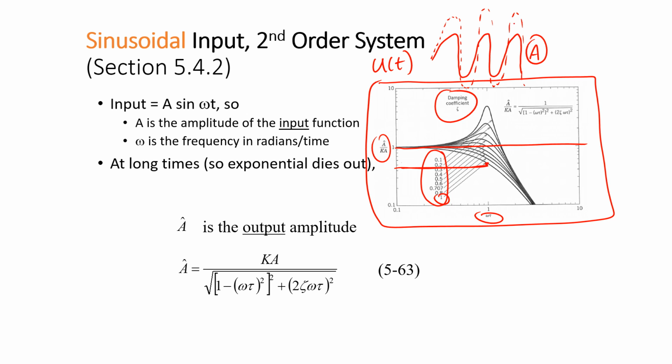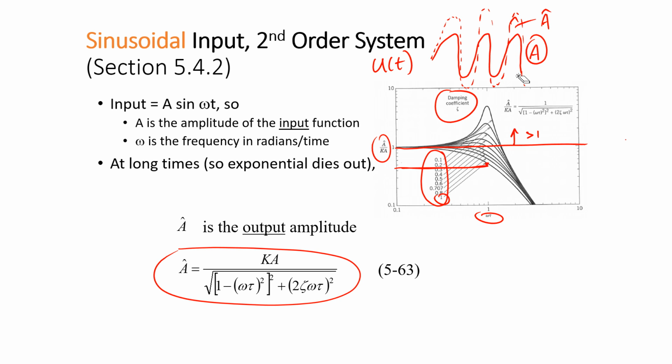Okay, so the amplitude of the output is going to be greater than the amplitude of the input if this is greater than 1. We also have an equation here on the amplitude. That's going to be this equation 5.63, so this relates to the amplitude of the input times the gain of the system, and then the omega and the zeta and the tau value as well.